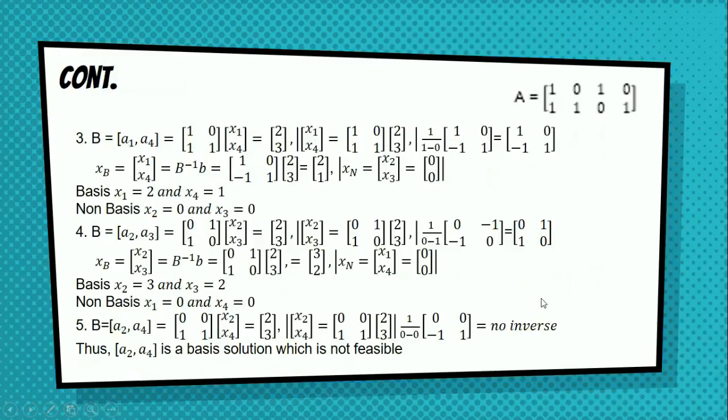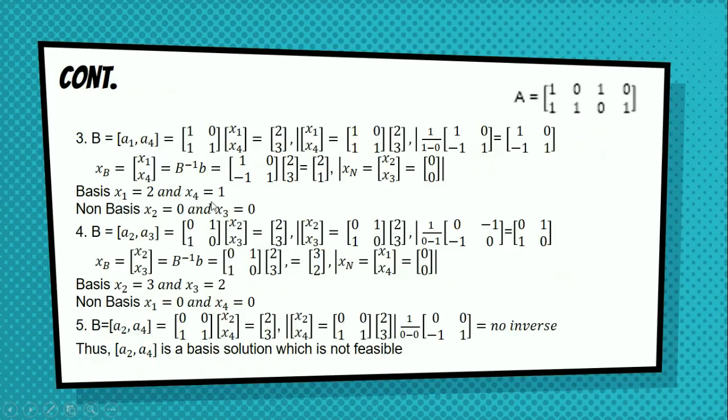How about the others? We see A1 and A4, which are 1 1 and 0 1. We calculate again, and we got basis x1 equals 2 and x4 equals 1, and the rest is non-basis.